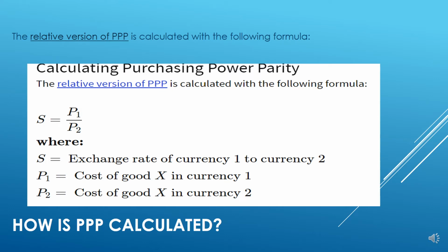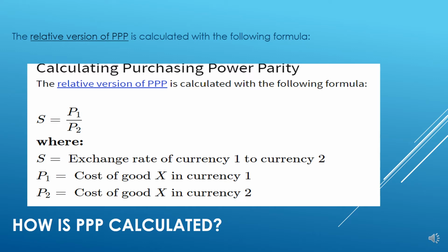Now, let us calculate the purchasing power parity. According to the relative version of purchasing power parity, it is calculated as S = P1/P2, where S is the exchange rate of currency 1 to currency 2, P1 is the cost of good X in currency 1 and P2 is the cost of good X in currency 2.